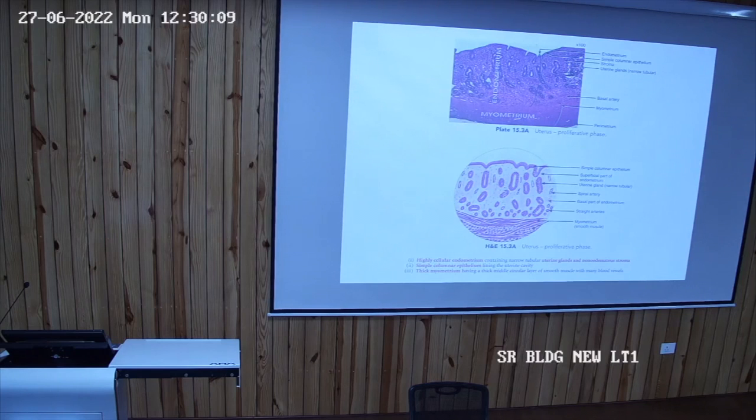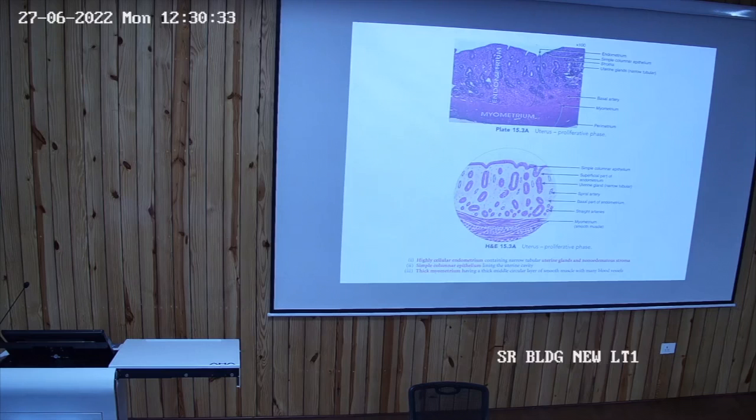The endometrium is again divided into the upper two-thirds, which is called the functionalis part of the endometrium, and the lower one-third, which is called the basalis part of the endometrium.